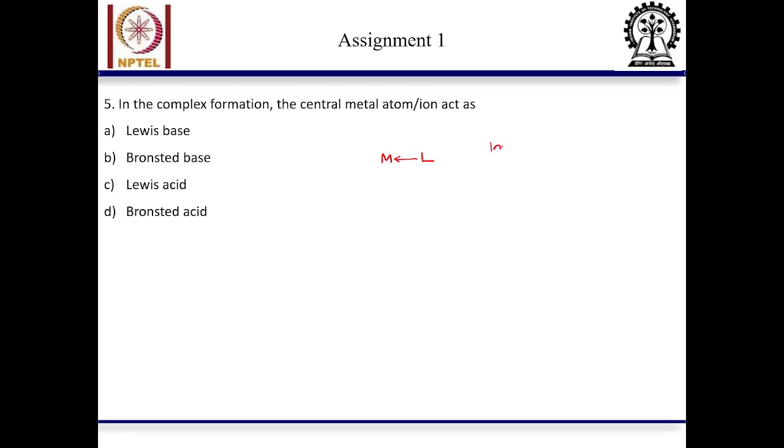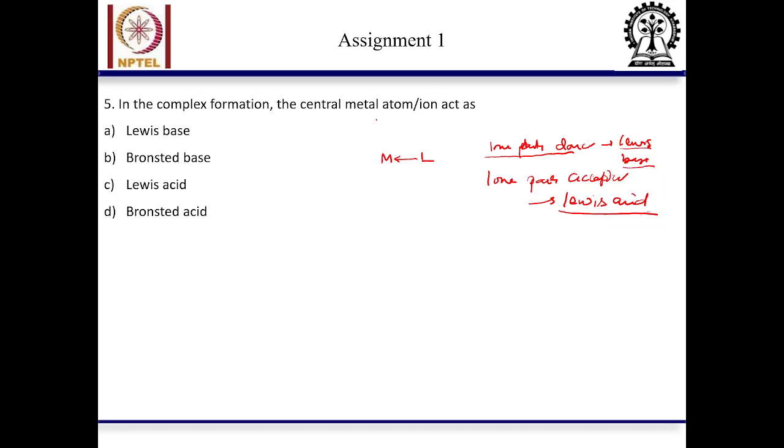A lone pair donor is basically a Lewis base, and a lone pair acceptor is called a Lewis acid. So this is the Lewis acid-base concept: if a species is donating a lone pair, it is called a Lewis base; if it is accepting a lone pair, it is called a Lewis acid.